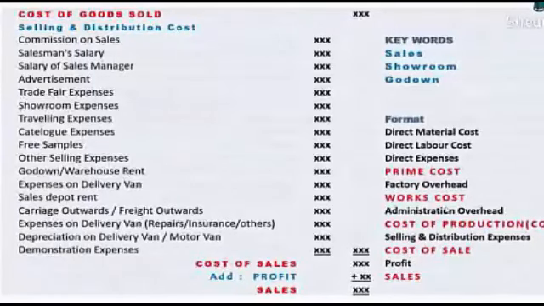Now similarly, showroom is a place where we display finished goods. It is a sales expense. Godown is a place where we keep the finished goods for delivery to the customer. It is selling and distribution. Earlier we have seen laboratory. Laboratory is a place where we do the testing of finished goods, whether it is up to the mark or not.